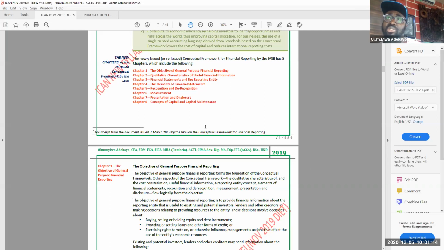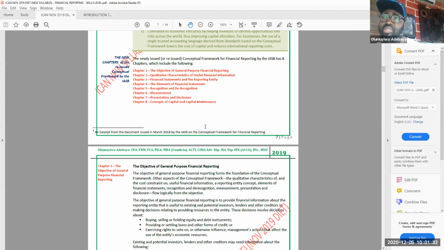Chapter 2 talks about the qualitative attributes or characteristics of sound and good financial information. The third chapter talks about financial statements, their composition, and which reporting entity we are talking about.